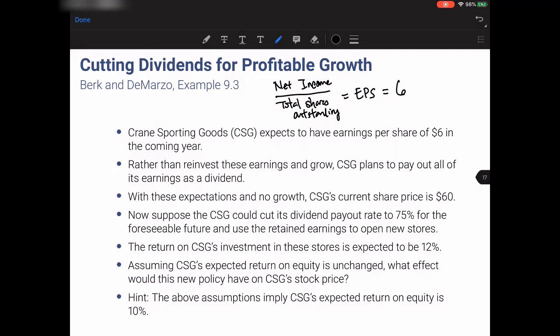Rather than reinvest these earnings and grow, CSG plans to pay out all of its earnings as a dividend. So they're not retaining any of the earnings. Based on this second bullet point, recall the formula that I already introduced to you. If the firm CSG doesn't want to grow, then that means that our parameter G must be equal to 0. So no investment implies G is equal to 0.